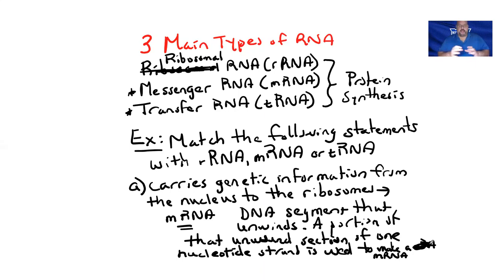An enzyme is going to break the hydrogen bonding in a portion of that DNA double helix, and there's going to be an identification point of where the messenger RNA should start to be made. So you have a DNA segment that unwinds by breaking the hydrogen bonds between complementary bases, not the entire double helix, but a segment of it. Then a portion of that unwound section of one nucleotide strand is used to make a messenger RNA.